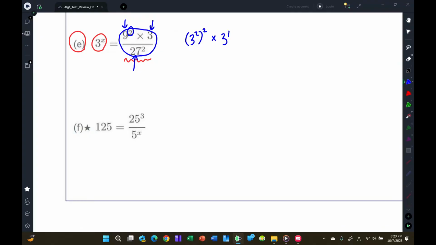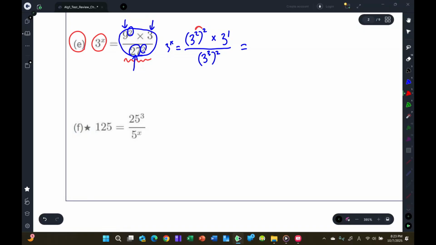By the way, there's an invisible power 1, right? All over, well, 27 is 3 cubed, and there was a square there, so I have to square the whole thing. That's going to equal 3 to the x power.